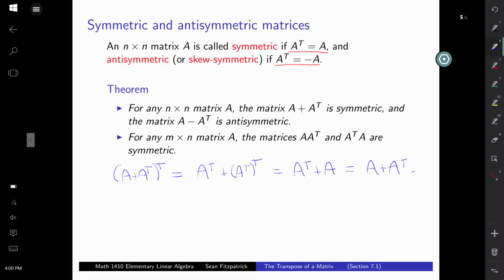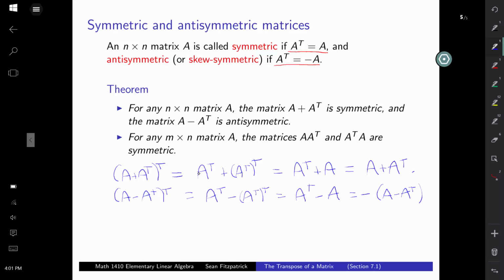If I had done A minus A transpose, then I get A transpose minus A transpose transpose, which is A transpose minus A, which is the negative of A minus A transpose. So we can establish that.